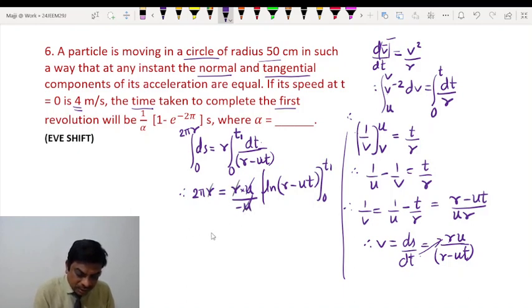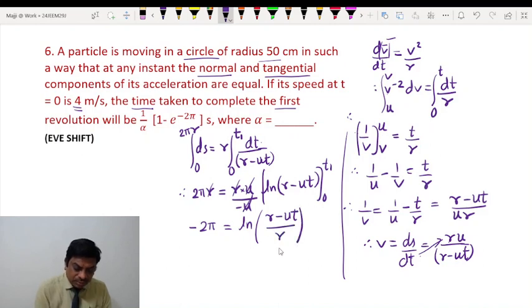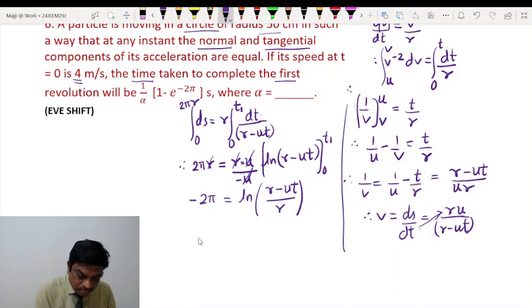Then r gets cancelled. We are left with minus 2 pi is equal to log of upper limit minus lower limit. So this will be r by r is 1 minus ut by r is equal to e to the power minus 2 pi.